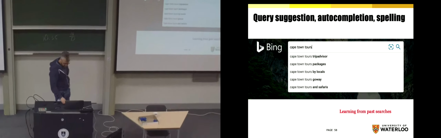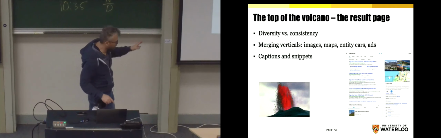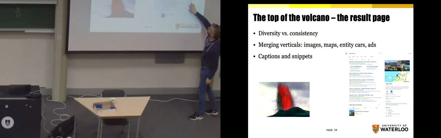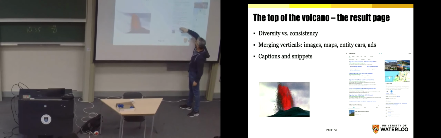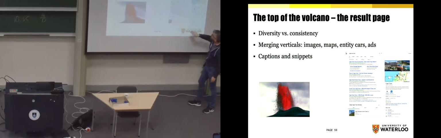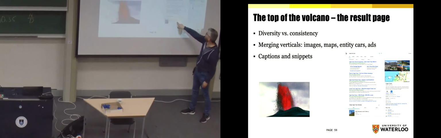This is something we're not going to get into today, but it is in and of itself an interesting part of machine learning for search. When we get to the top of the volcano, there's a whole bunch of other things in putting together a page like this. There's a map, some images, a Wikipedia result, all the things that come back from different parts of the ranker, some ads, and a lot of these things are whole teams. Here's an example of something popped in there that says 3-day Cape Town, Table Mountain, and cable car.